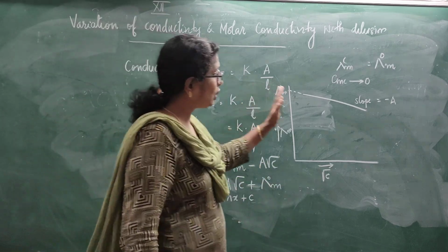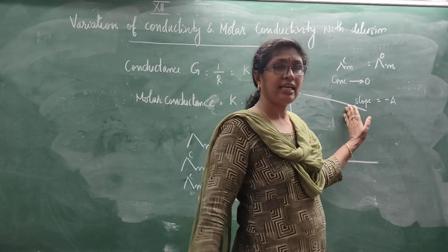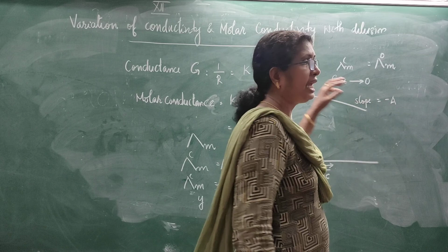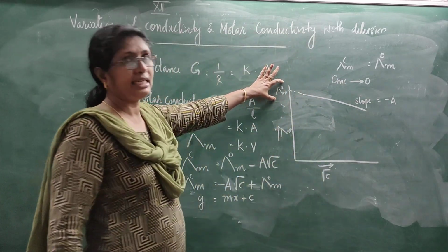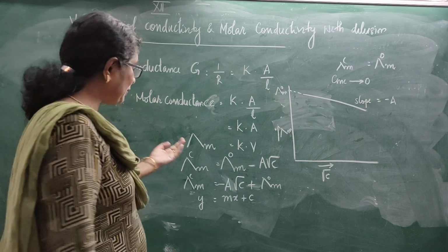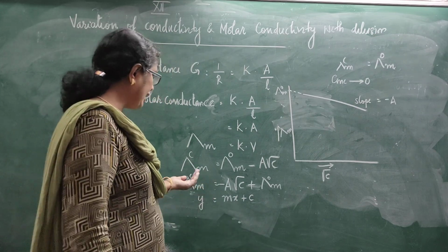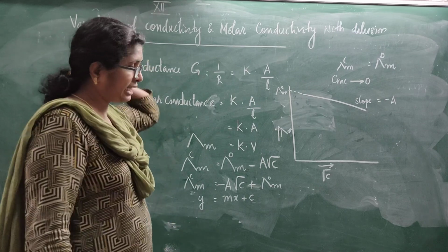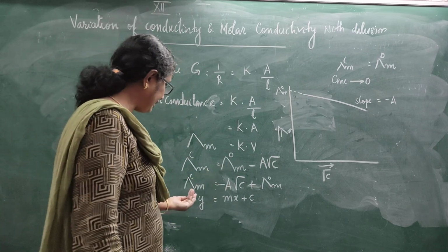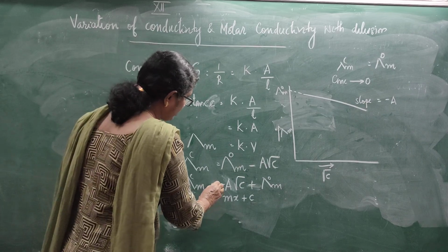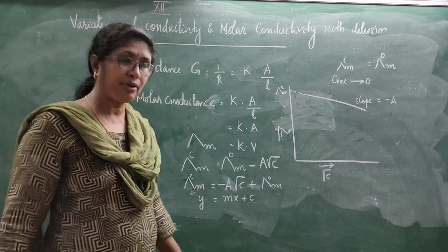So for strong electrolytes you will get a straight line graph, where the slope is equal to minus A, and the intercept on the y-axis is lambda m naught. This equation is only for strong electrolytes. Lambda m at any concentration is equal to lambda m naught minus A root c, which I have rewritten as lambda m equals minus A root c plus lambda m naught.